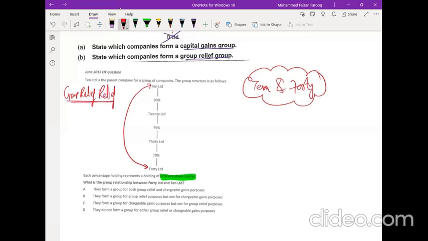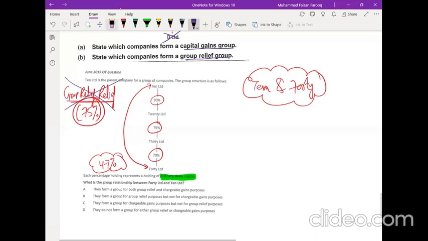So 90% into 75% into 70%. Can you tell me the indirect percentage? 47.25. For this, the benchmark is 75, right? So there is no group relief group.